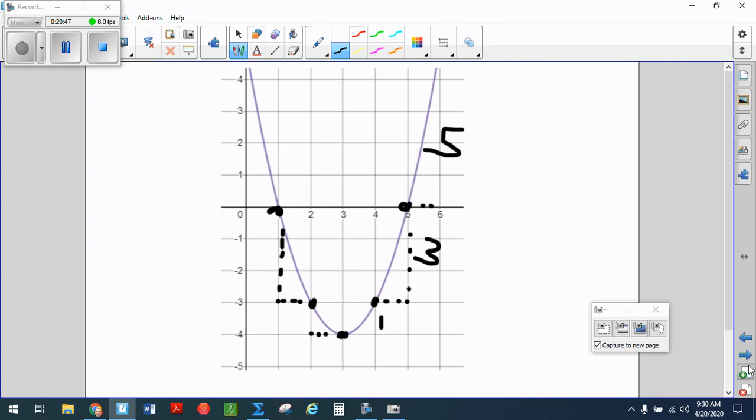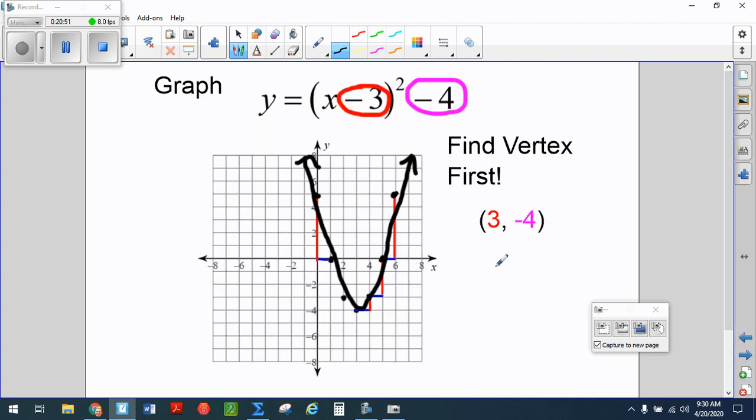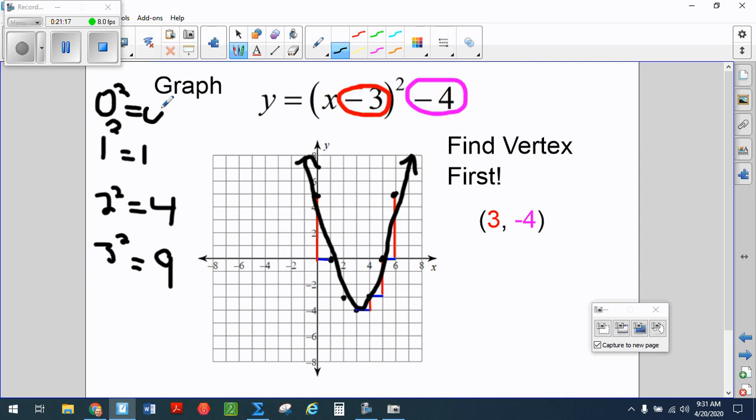I think I gave you a table. Oh, I didn't capture the table. 1 squared is 1. 2 squared is 4. 3 squared is 9. 0 squared is 0.